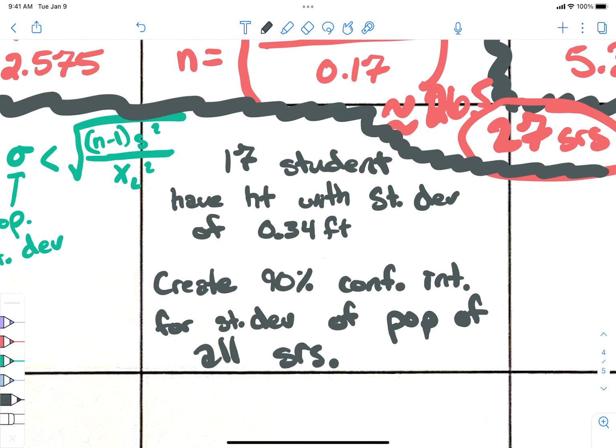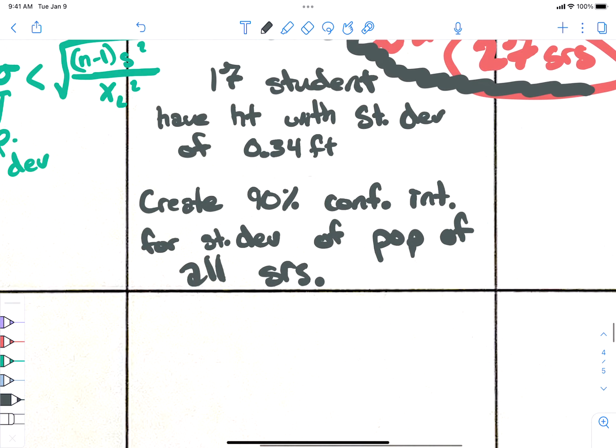So it's not fair for me to definitively say that if I would sample all of the seniors, they would all have a standard deviation of 0.34. We're going to come up with a 90% confidence interval to give me a more accurate thing, okay? Good? This shouldn't be too bad.